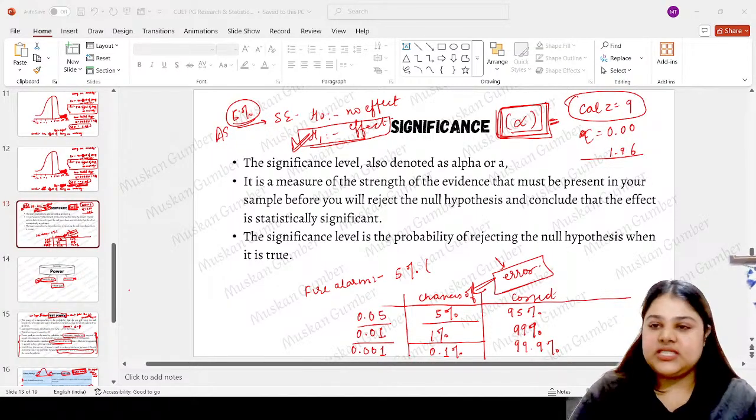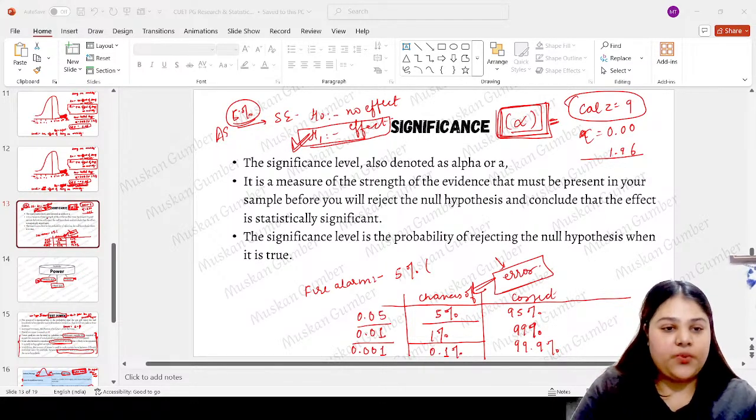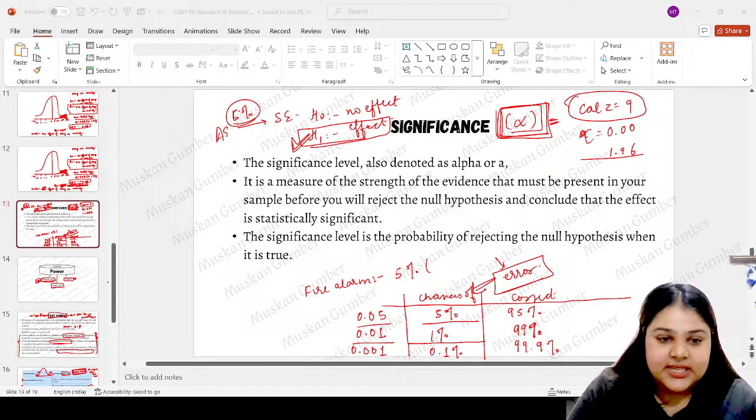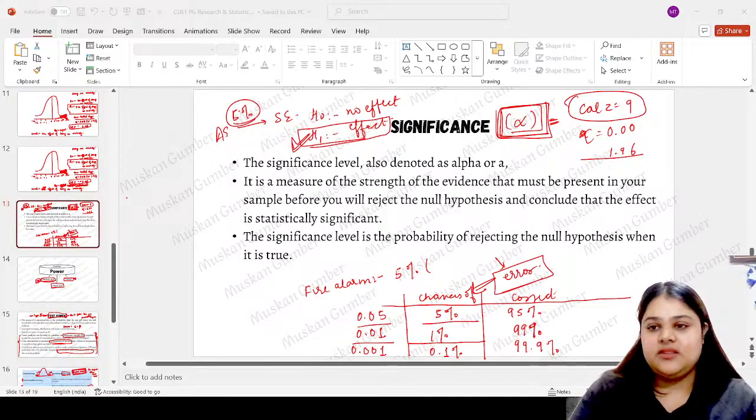We have this curve, we have these critical regions which are decided on the basis of the alpha value that we have selected. So no matter whether I am choosing 0.05 or 0.01, whatever I choose as the alpha value, it is the probability that my null hypothesis can be rejected even when it is true, right?